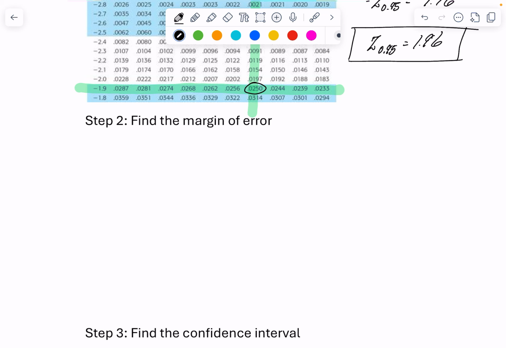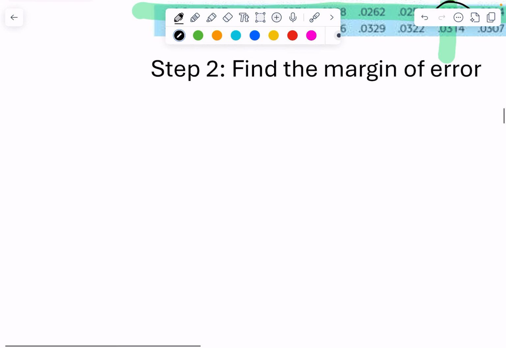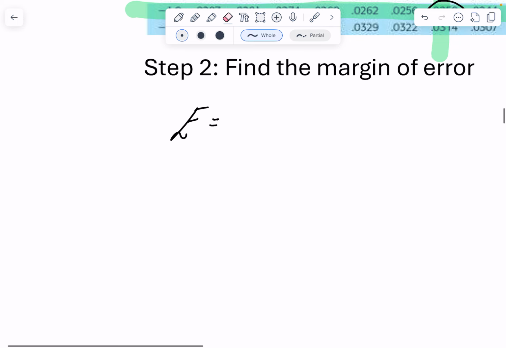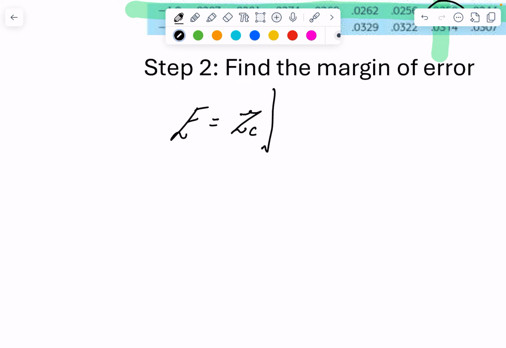So here our margin of error is defined as our critical value multiplied by the standard deviation divided by the square root of n. So we actually don't have a square root here, we have parentheses because we're going to be multiplying.